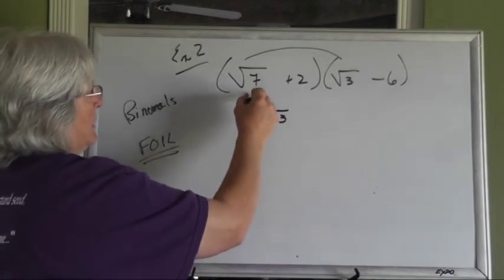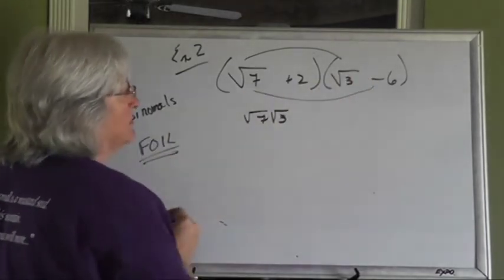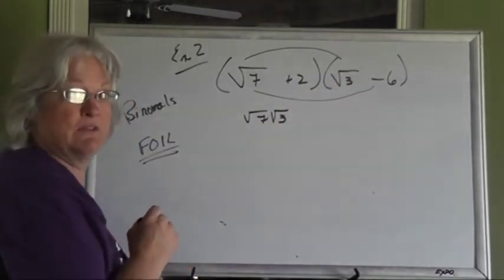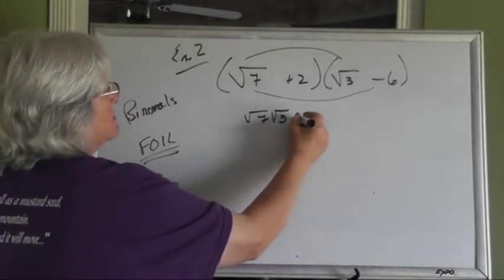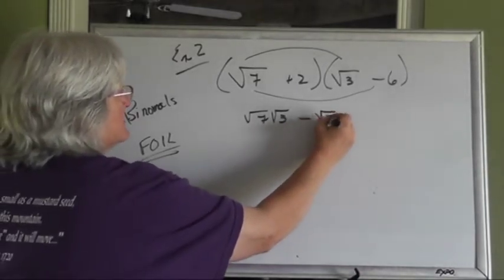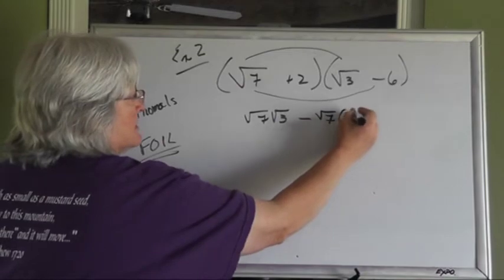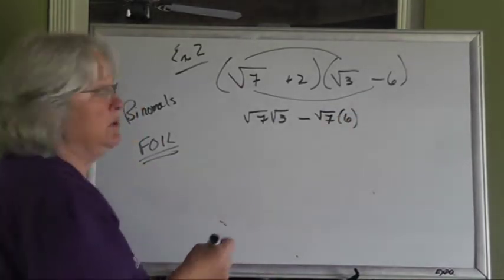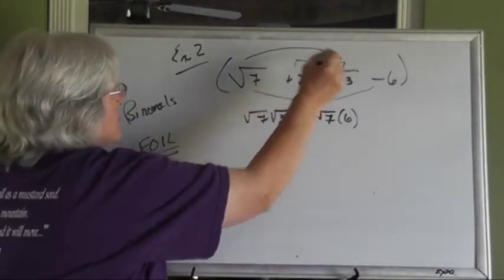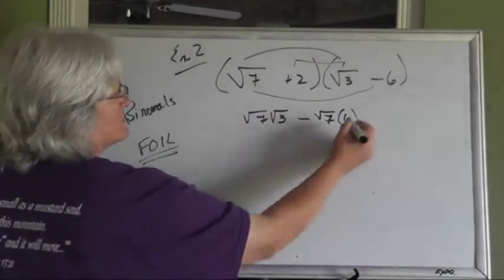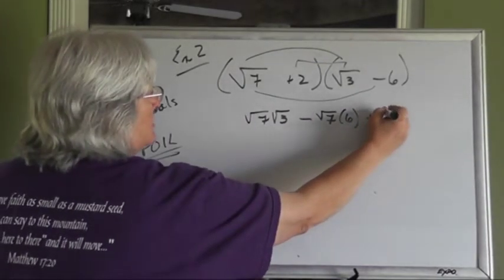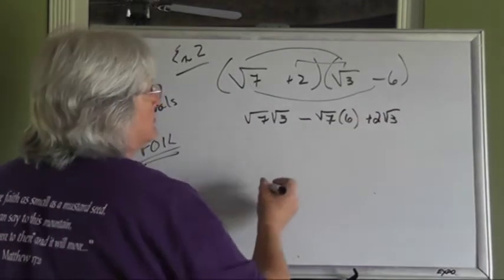When you multiply our outside terms together, you have square root of 7 times a minus 6. So you have minus square root of 7 times 6. And when you do your inside terms, you have plus 2 times the square root of 3.